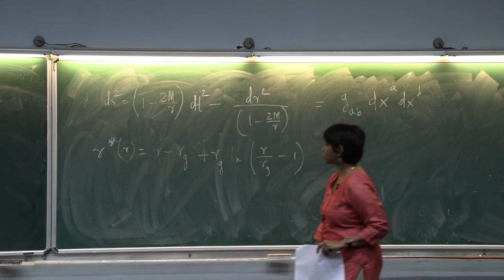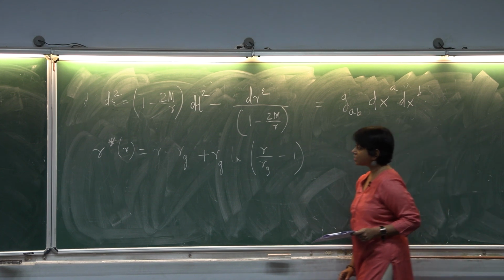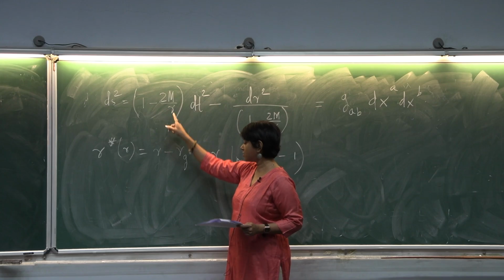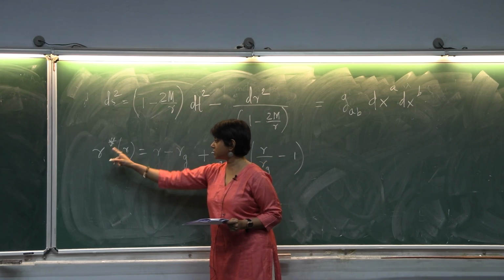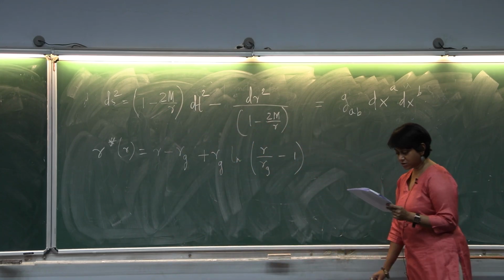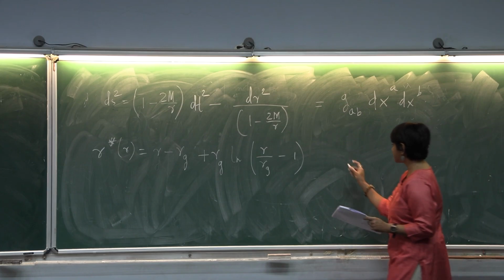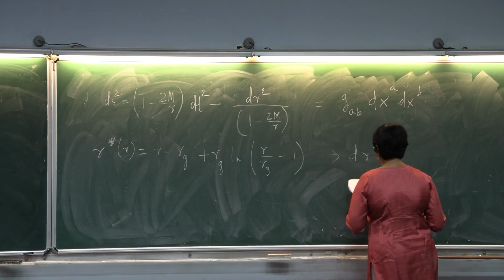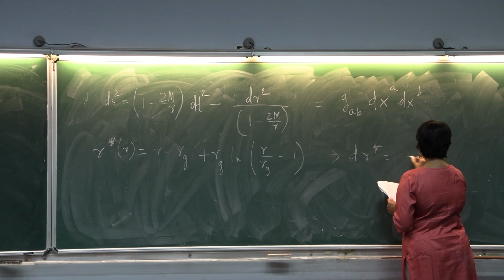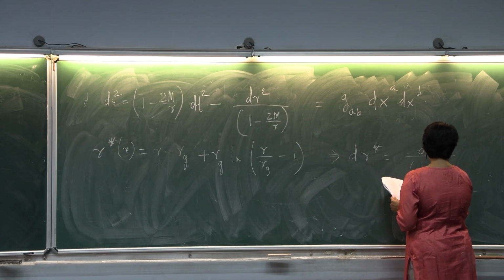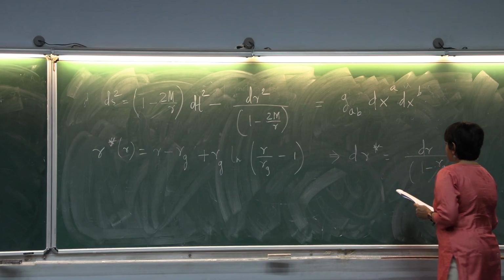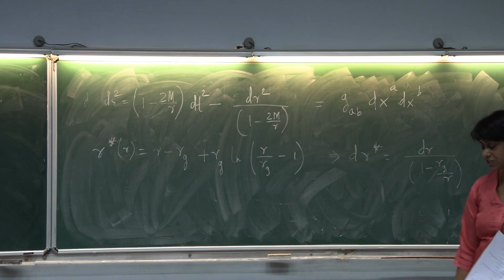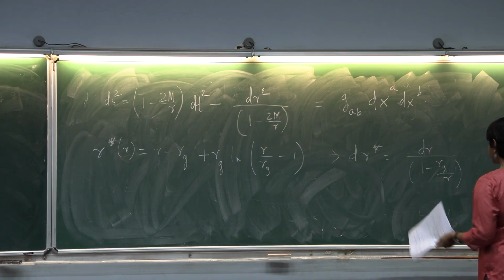So my first coordinate transformation is r star, which is a function of r, and the radial coordinate r is changing to r star. This is called the tortoise coordinate, and you can quickly write its differential: dr star varies as dr over 1 minus rg by r. Integrating both sides, with a suitable integration constant, you land up over there.